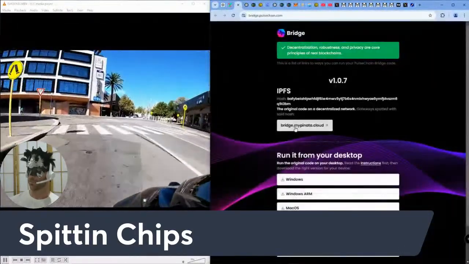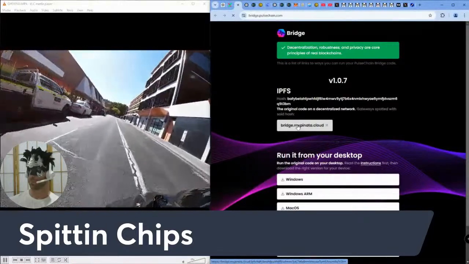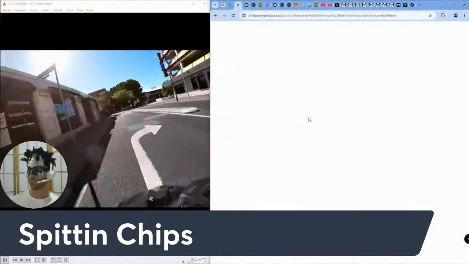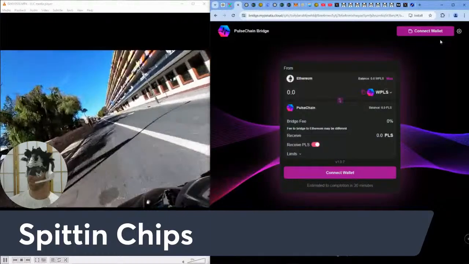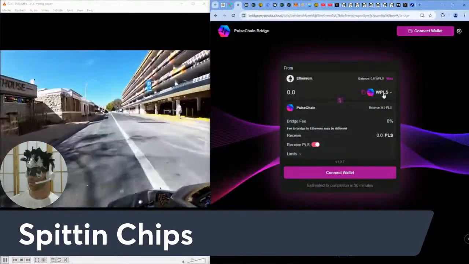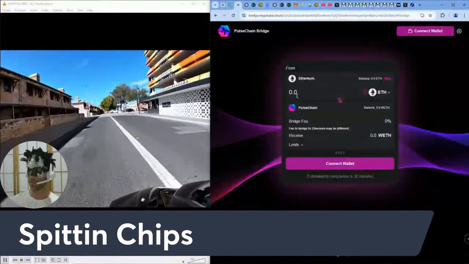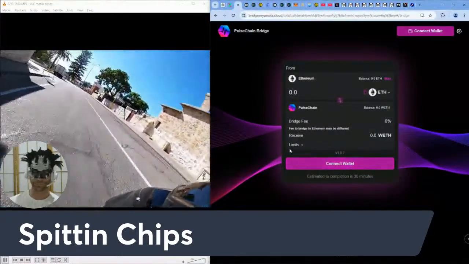So you go to Bridge. There you go. So you're going to connect your wallet. You're going to select your Ethereum, your amount of Ethereum. You're going to connect it, and then you're going to bridge that Ethereum over.